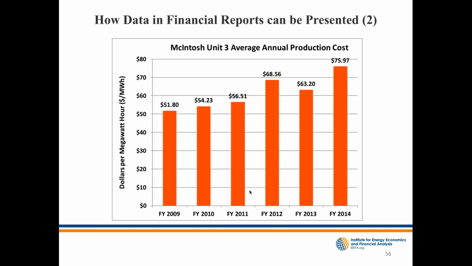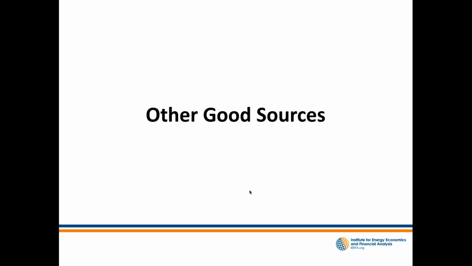I would guess in 2015, 2016 that probably dropped some because the plant generated more megawatt hours. But it's still more expensive than generating power by renewables or through natural gas-fired combined cycle plants in Florida.